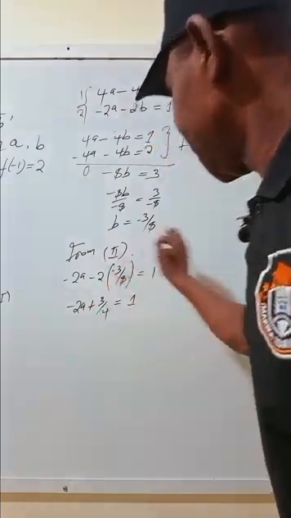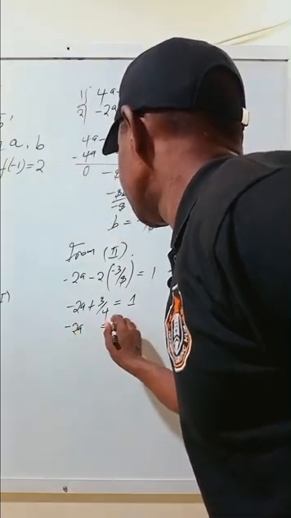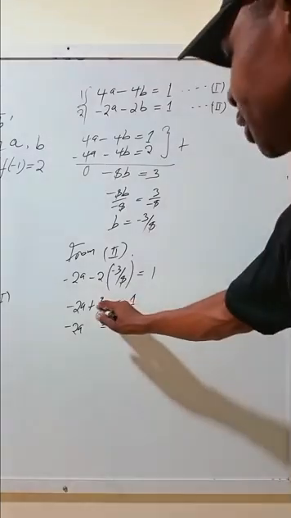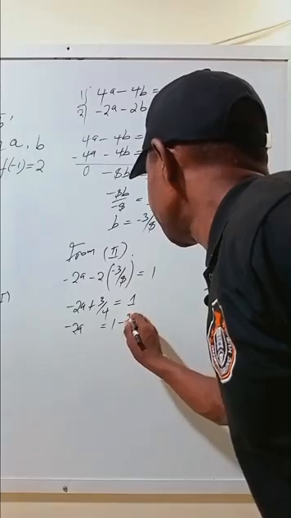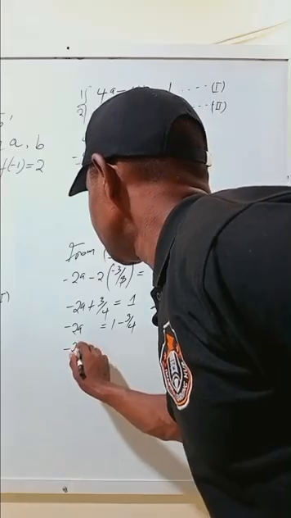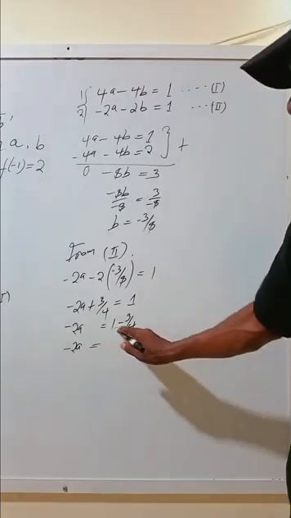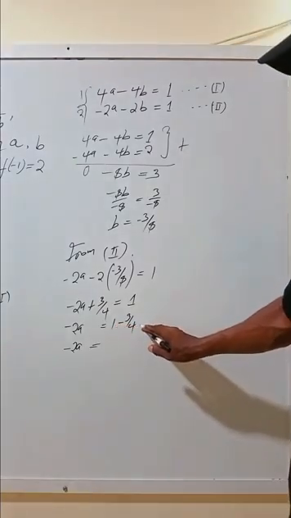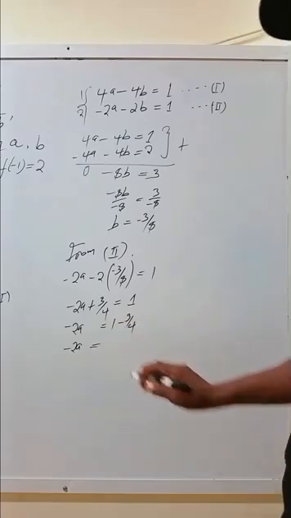Taking this one to that side, here we have negative 2a is equal to 1. This being positive 3 over 4 on the left hand side, when it comes to that side, it becomes negative. So we have negative 2a is equal to 1 minus a number. Look at the denominator, it's 4. So 1 is the same as saying 4 over 4.